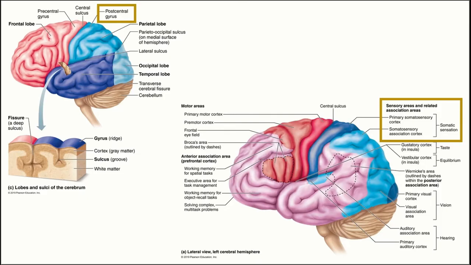Recall that senses from the right side of the body are sent to the left cerebral hemisphere, to the left somatosensory cortex, and senses from the left side of the body are sent to the right somatosensory cortex for interpretation.